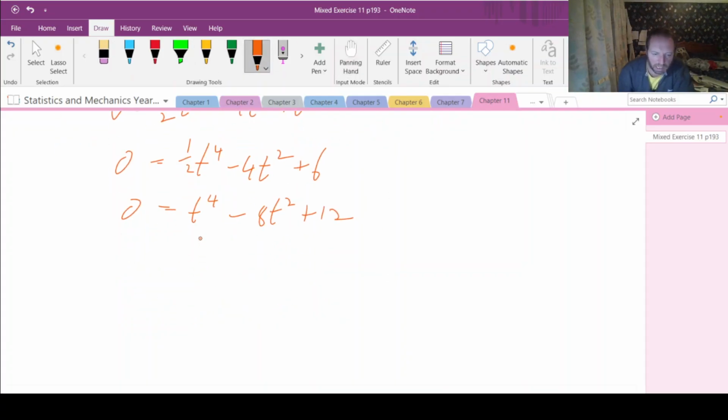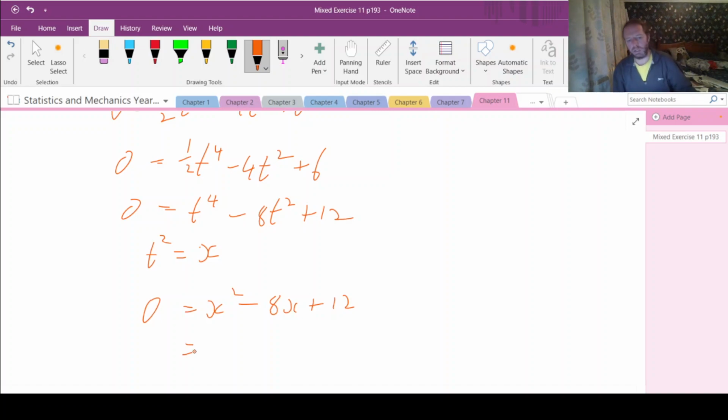We could go for a trick and say, if t squared equals, let's go for a letter x for want of a better letter, then we can say 0 equals x squared minus 8x plus 12.